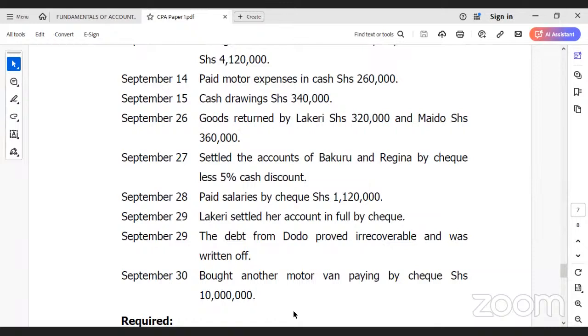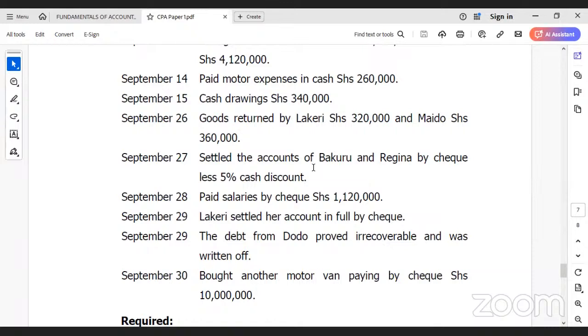Cash drawings, how much? Are you sure? Sorry, 320. 340,000. Okay, drawings 340. The cash drawings are 340.